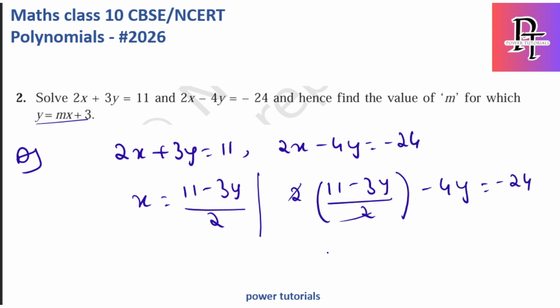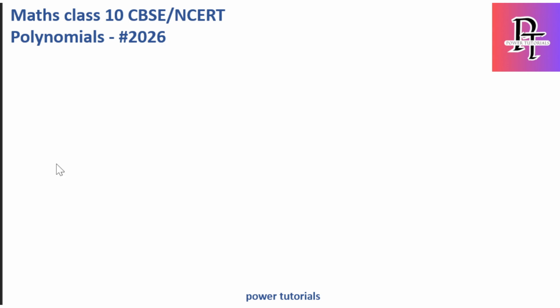The 2's cancel. So 11 minus 3y minus 4y, which is minus 7y, is equal to minus 24. Minus 7y is equal to minus 24 minus 11. So minus 7y is equal to minus 35.